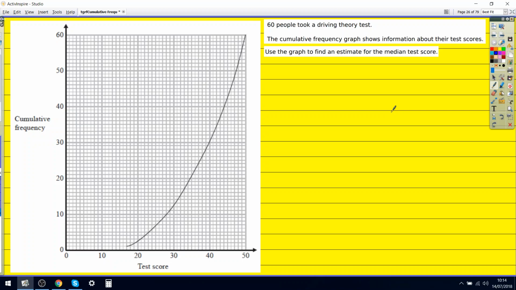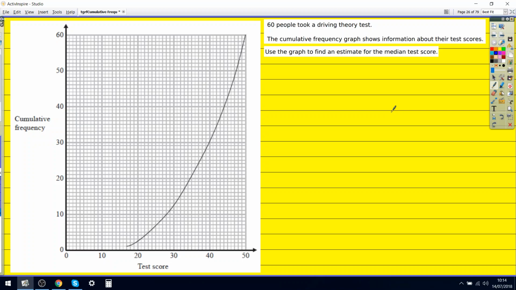So you just half it. There's 60 people, so we just look at person 30. If you go to person 30, go across, hit the line, you can see that it's very close anyway. And because it's just an estimate, it really won't make much of a difference.